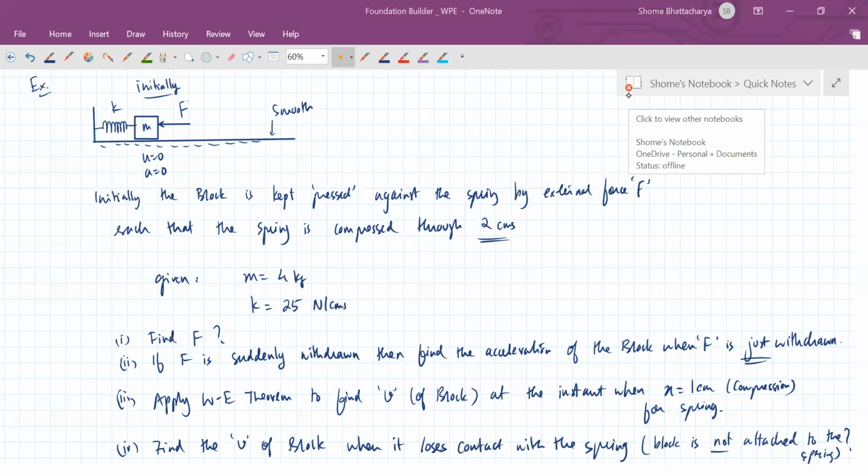The compression, yeah. Kunj, your answer is correct. Hitanshu, I think you've taken the wrong value. Spring constant is 25 newtons per centimeter, and the compression of the spring is 2 centimeters. It's not 4 centimeters. Yes, Uday, correct. Yeah, so tell me the value, Hitanshu.